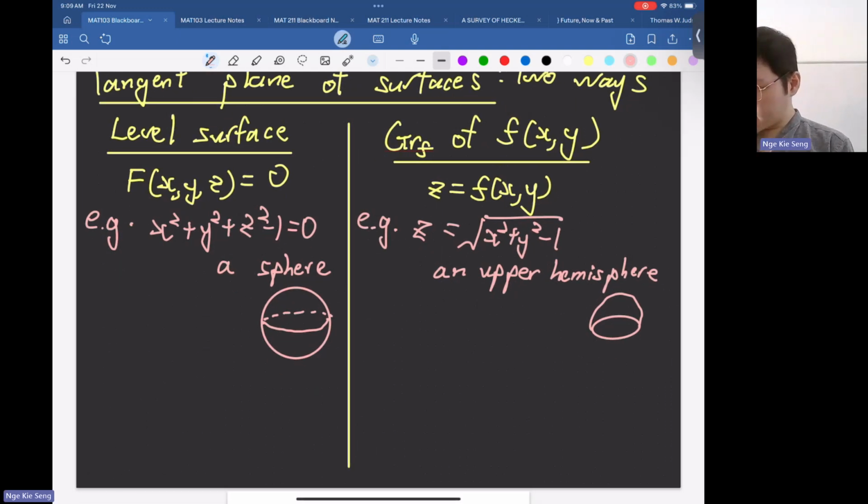So last time I told you that we can implicitly differentiate f. So what do we get?